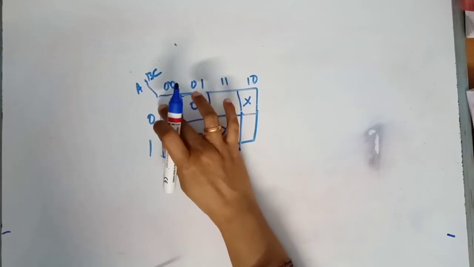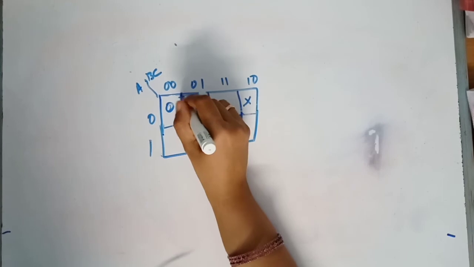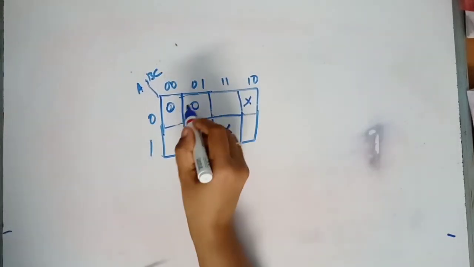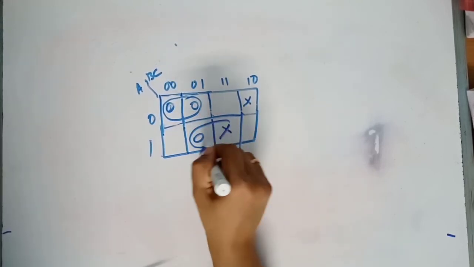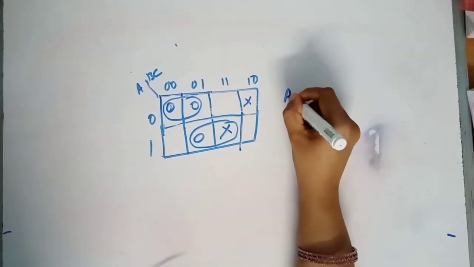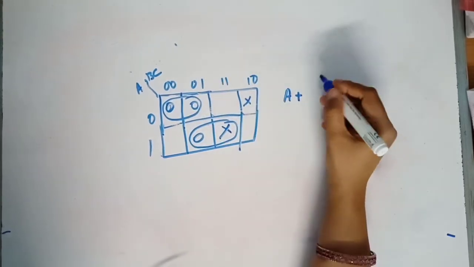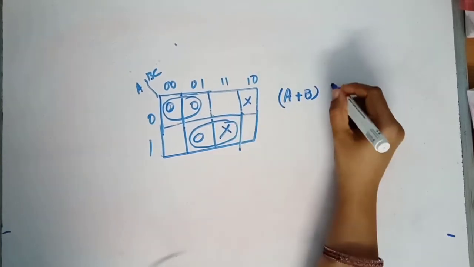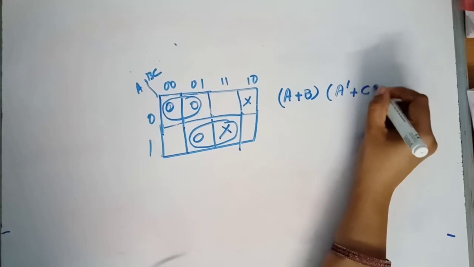Okay. If this was my question, then how will I group? These two zeros I'll group like this. This 0 I'll group with this, don't care. And how will I write? It is A plus B into A bar plus C bar.